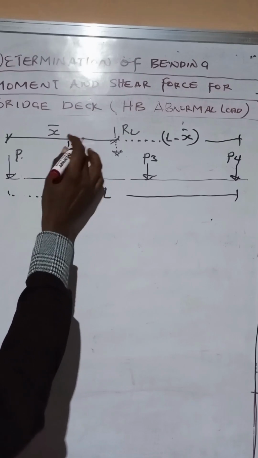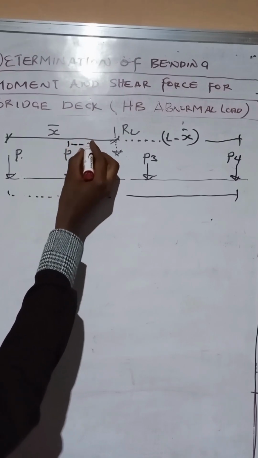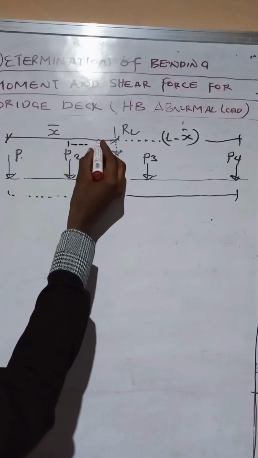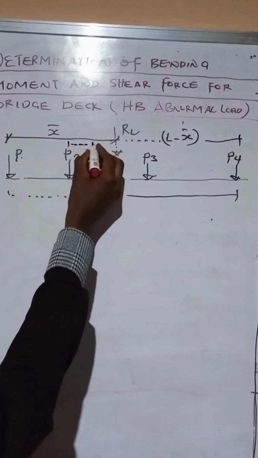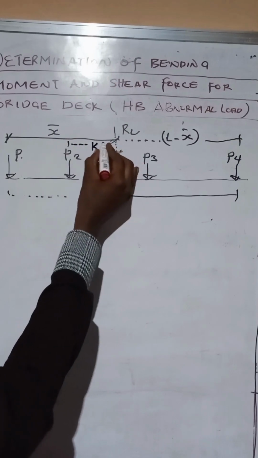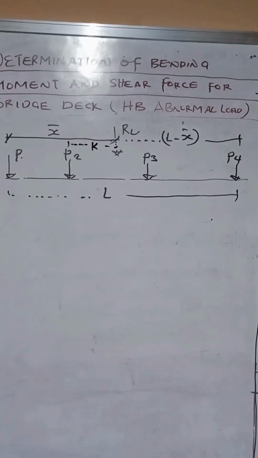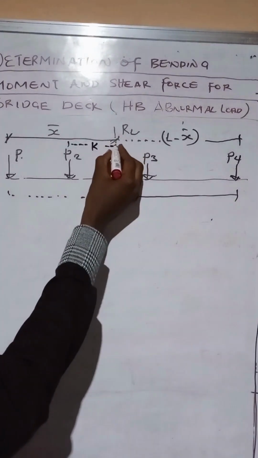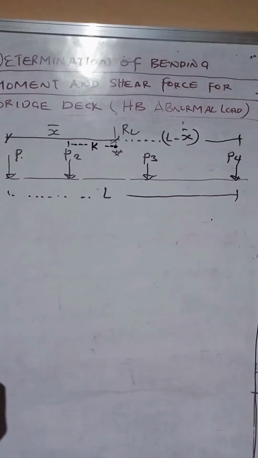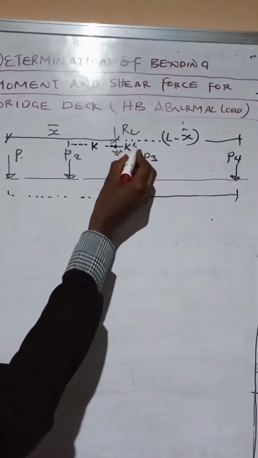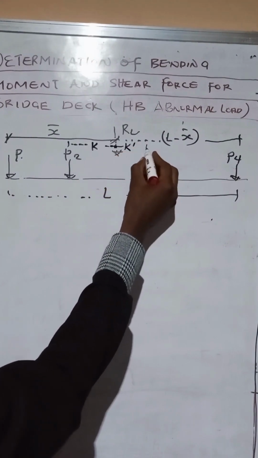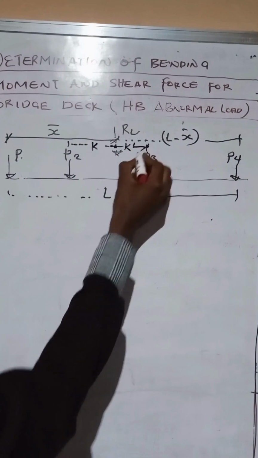There's a distance. For the purpose of explanation, can we call it K? Okay, let's call it K. Now, the other side of it, which is from P3 to the resultant load, let's call this one K prime.